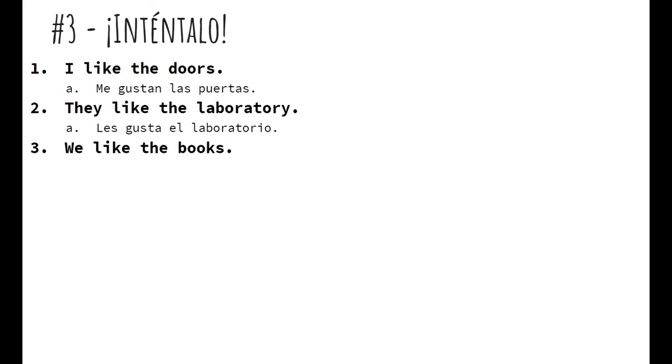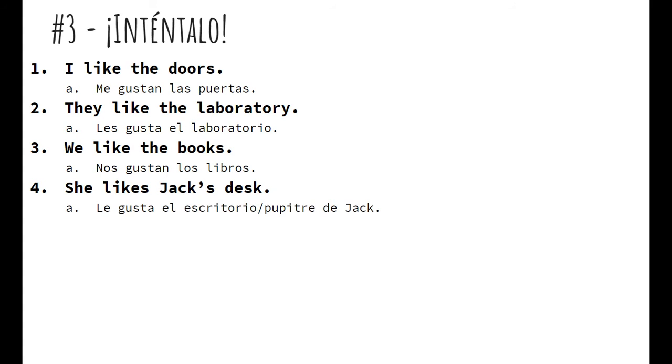Número 3, we like the books. Should have nos gustan los libros. Número 4, she likes Jack's desk. Should have le gusta el escritorio or el pupitre de Jack. And número 5, you informal like calculators.